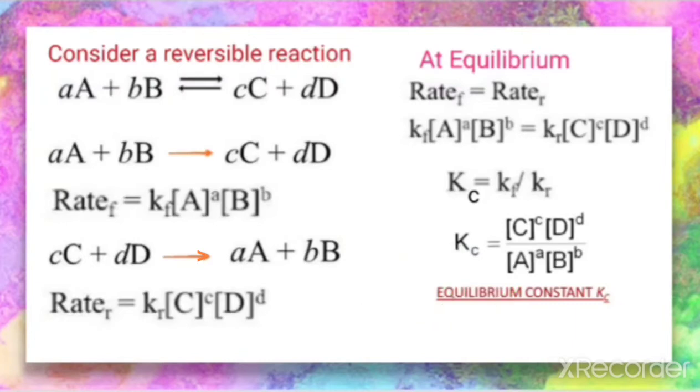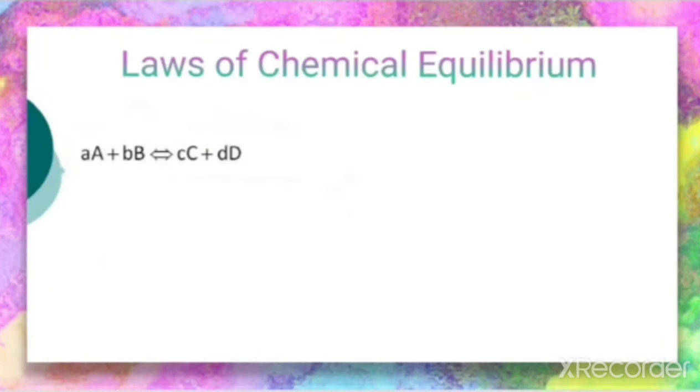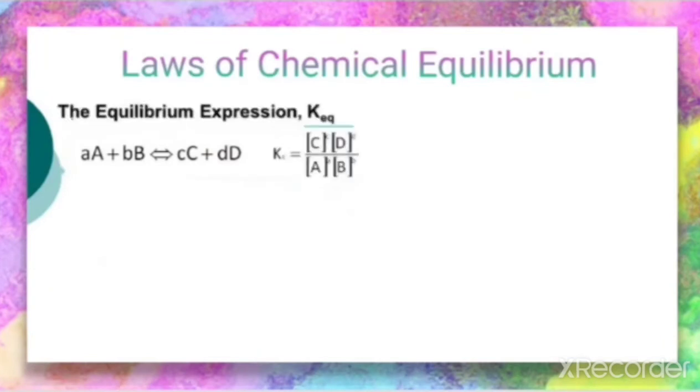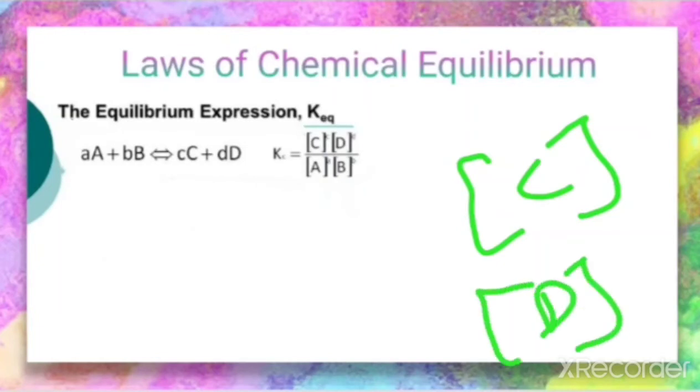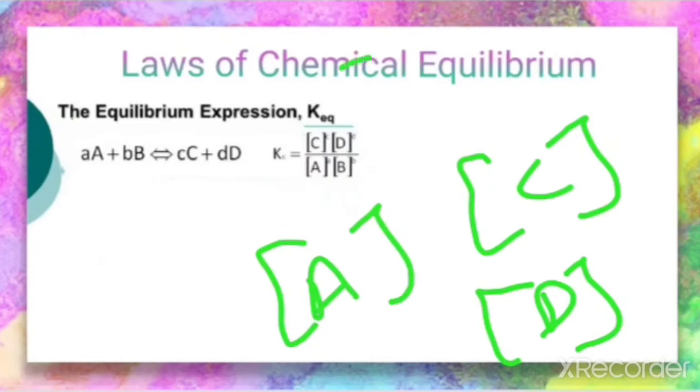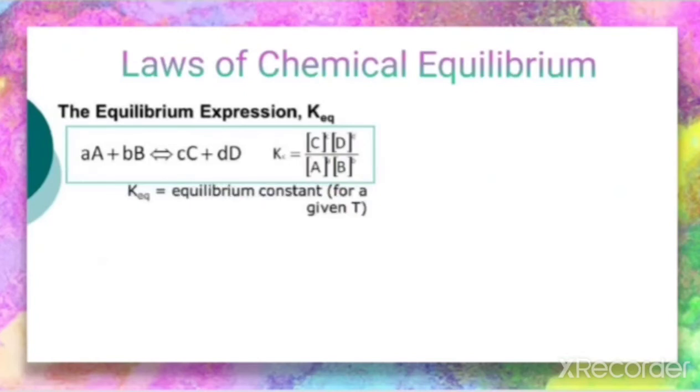So let us discuss this in detail. For the reversible reaction, the equilibrium expression can be written as Kc is equal to C to the power c, D to the power d by A to the power a, B to the power b, where this is the concentration of C, this is the concentration of D, this is the concentration of A, and this is the concentration of B. So here the square brackets represent concentration. Here Keq is nothing but the equilibrium constant for a given temperature.